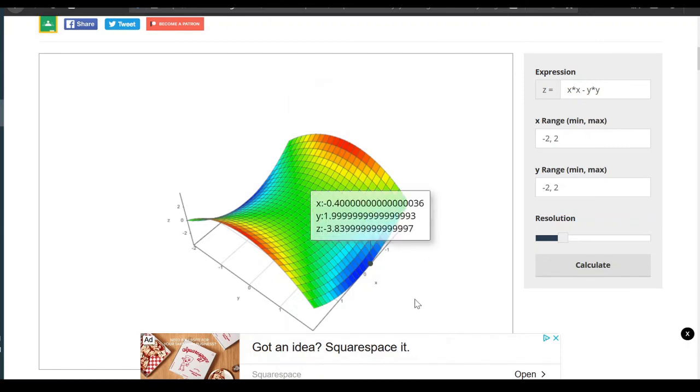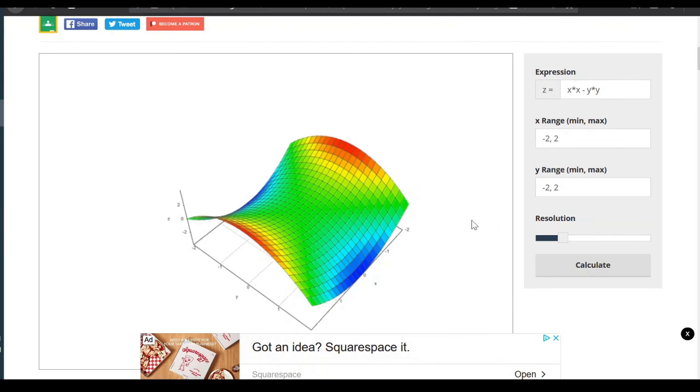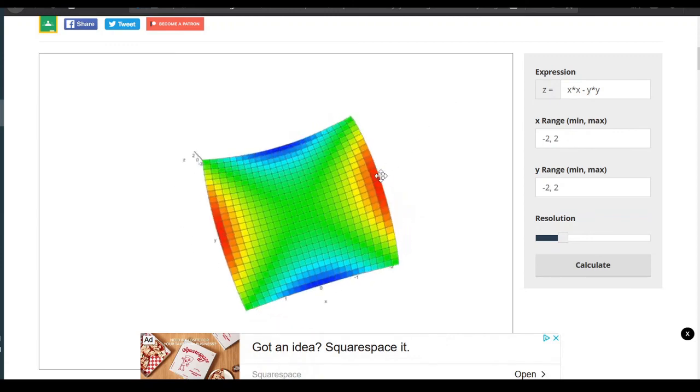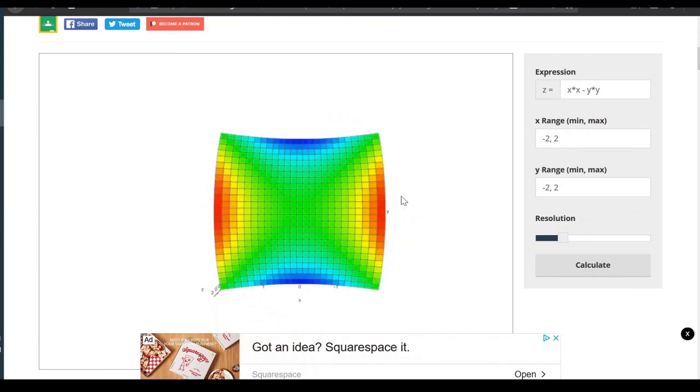If we wanted to get a sense of what the contour map for this thing looked like, then what we can do is take this graph and rotate it using our mouse so that we're looking at it top down, so that according to the tradition for our notation in the xy plane, x is going horizontally and y is going vertically.